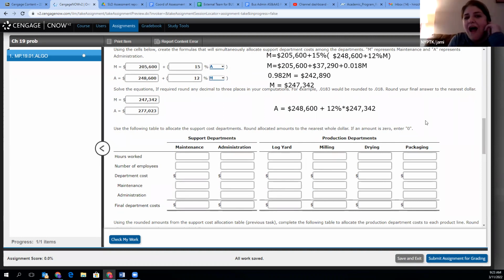Or actually, sorry, for A, I have 278,281. Yeah, and that's because, again, it's related to the rounding. I'm 100% sure because I've seen it and it creates a bit of an issue.